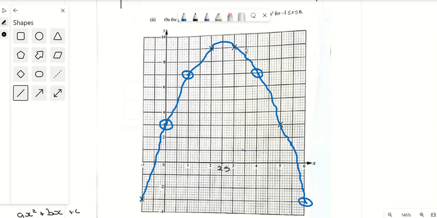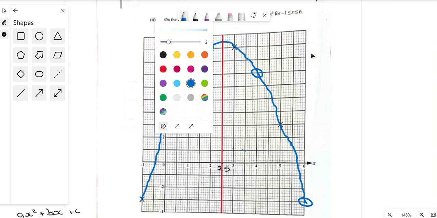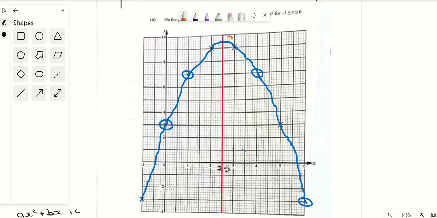So you're going to draw a line passing through our parabola, going straight through the x-axis, go straight down. So the line that is, I'll put this in red, right? This red line is my axis of symmetry, which is equal to x is equal to 2.5.